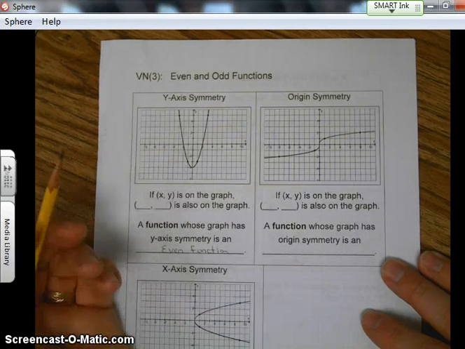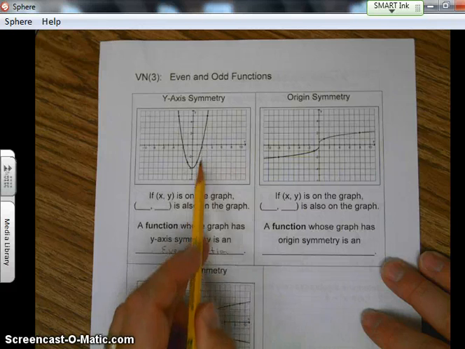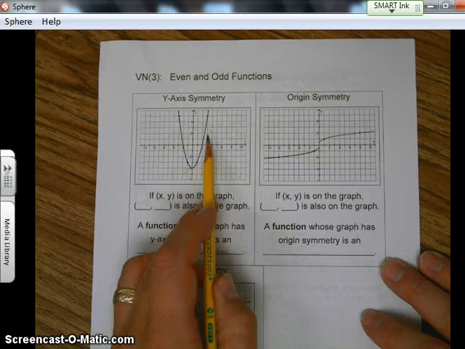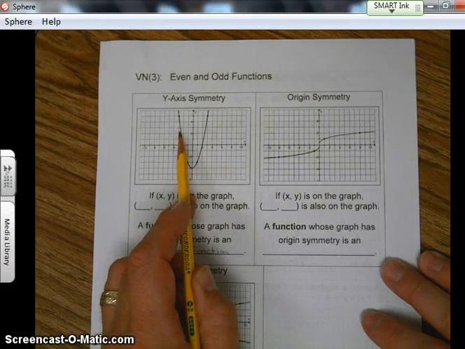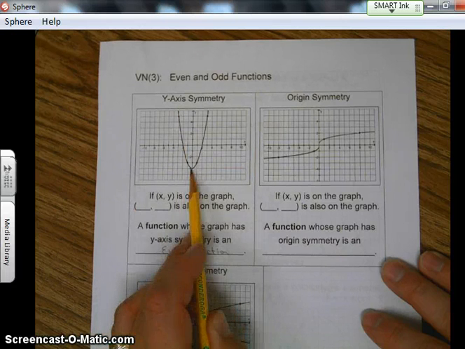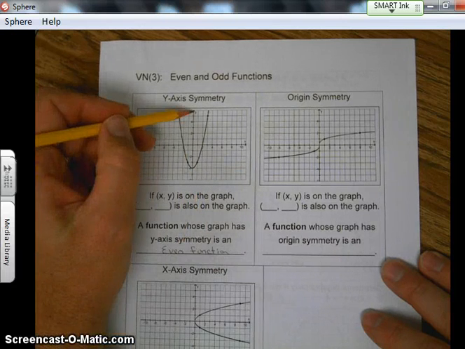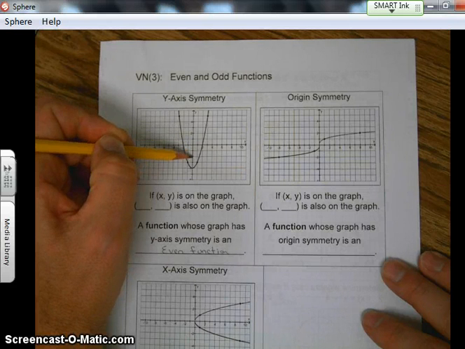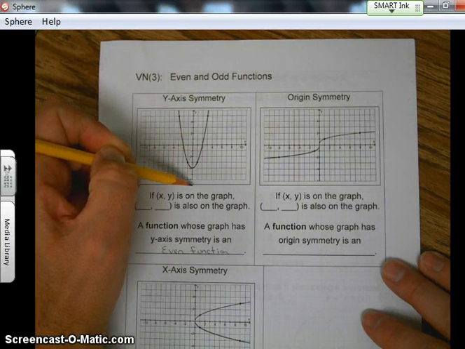Y-axis symmetry means that if you take this portion of the graph here and you fold it over the y-axis, it lands on itself. Notice the y-axis cuts the graph into two equal parts.